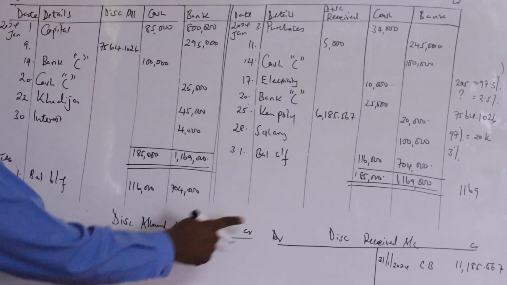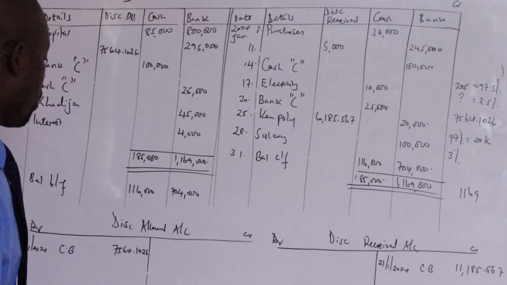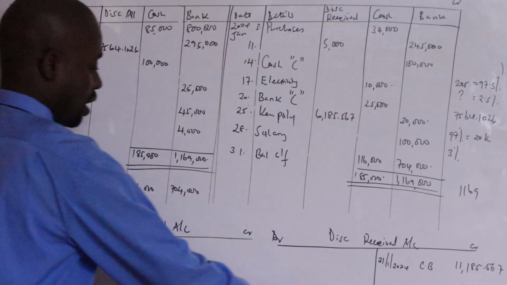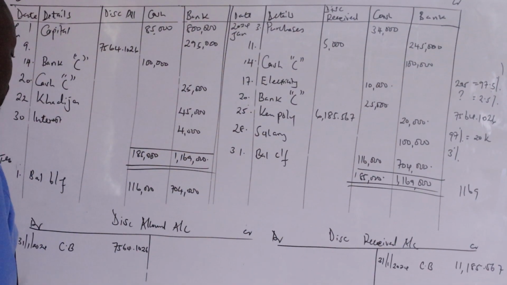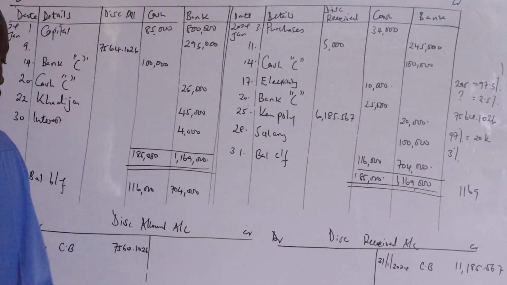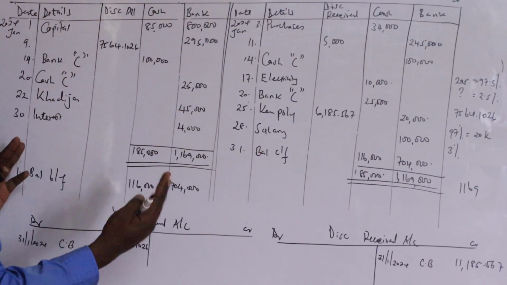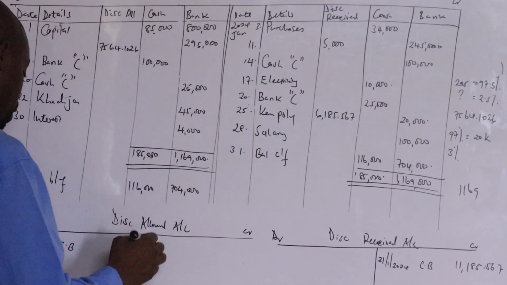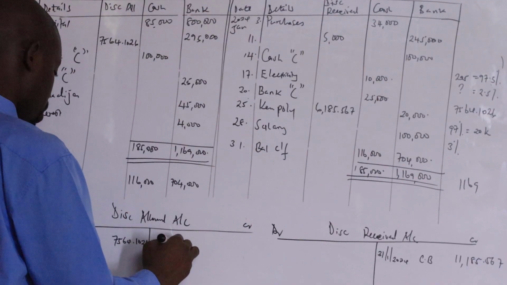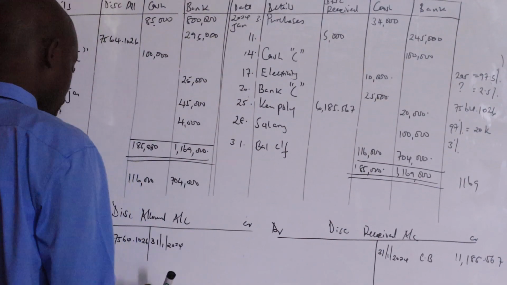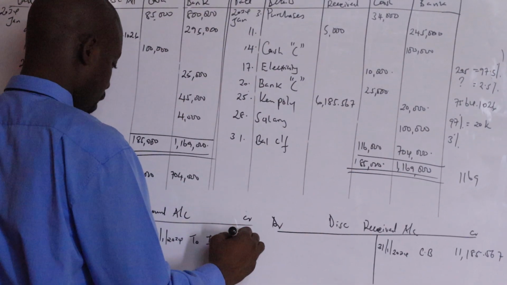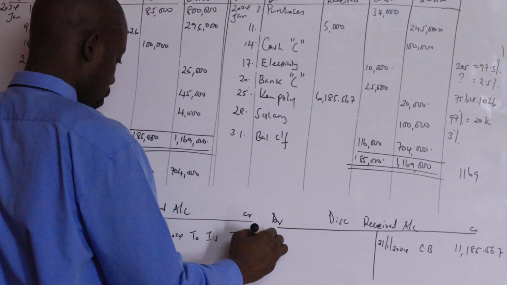Now remember, these accounts feature in the income statement at the end of the financial period. So we must balance them, or we must close them. Closing them, we say they are nominal accounts. We transfer their amount to the income statement. Assuming the financial period ends at this point, we shall transfer, that is 31st January 2024, to income statement, 7,564.1026.